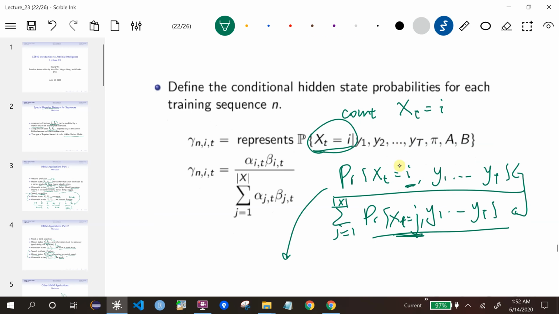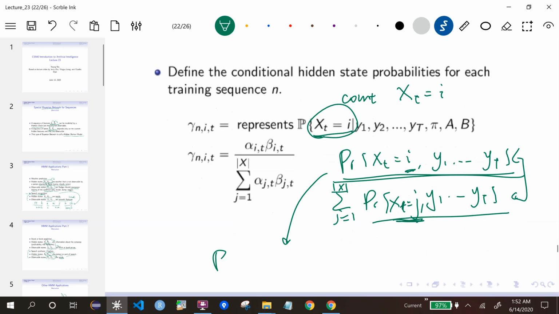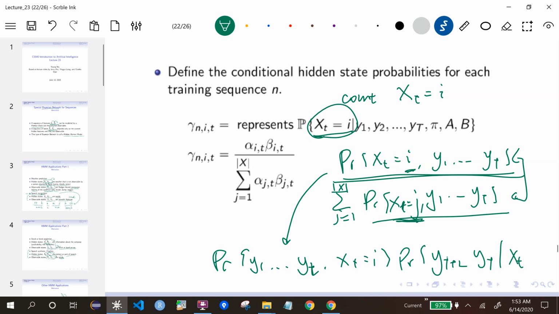And the hard part is what this thing is. But the good news is we already have from the forward and backward paths the probability of y_1 until y_t with x_t is i, and we also have the other one, y_{t+1} until y_T given x_t is i. So we have these two, and remember, if we multiply these probabilities, we get that. So that's why it's alpha times beta.